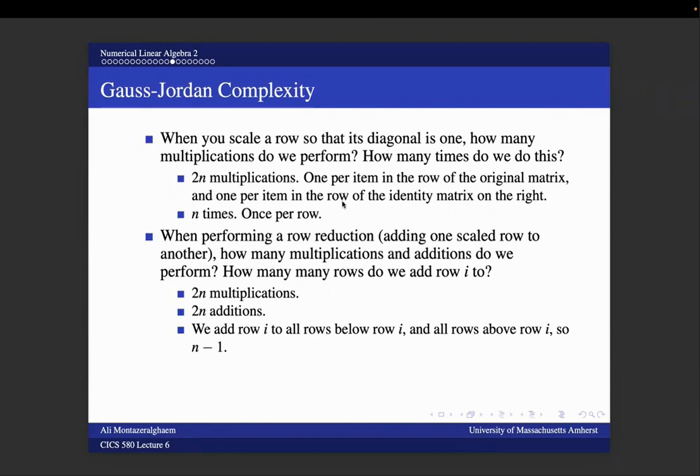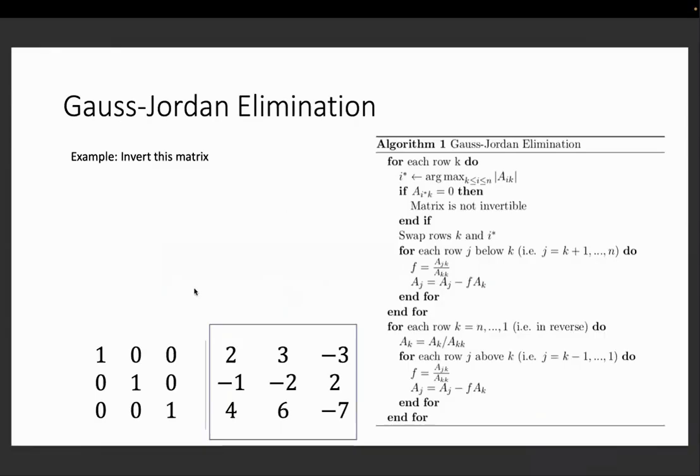So for each row, if we need to have a multiplication, for example, we need to scale a row. So we need to do that 2 times n, right? Because if we consider that n is 3, we have another identity matrix here.